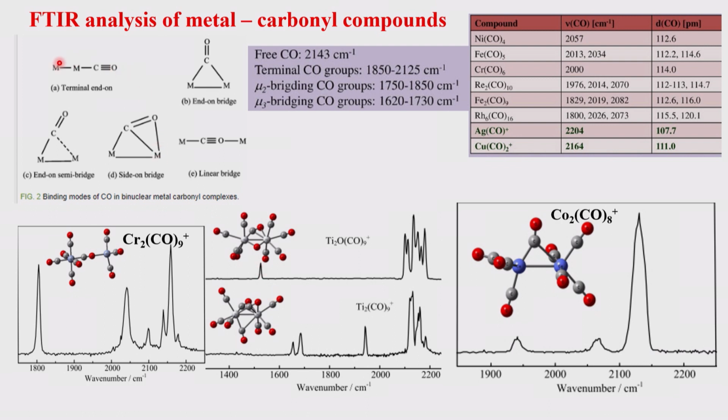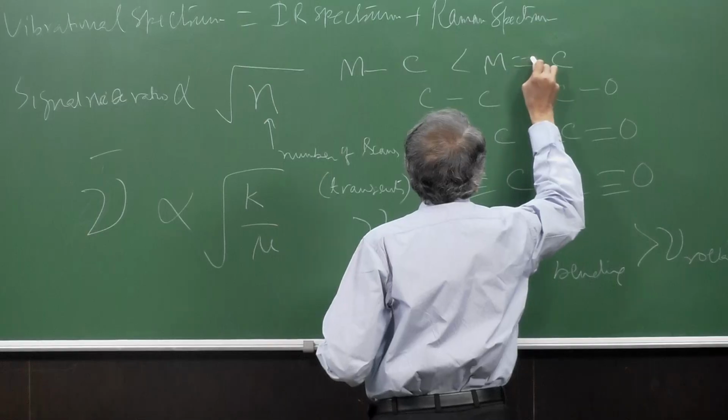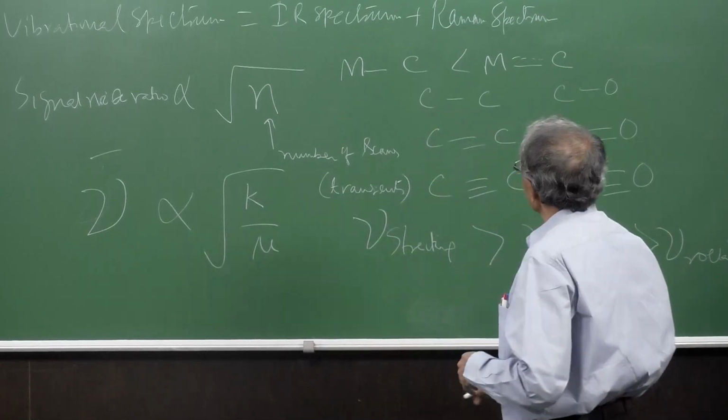If pi electrons are pushed from the metal to the carbonyl, then the CO bond order will reduce, and the MC bond will of course strengthen. So you can see the MC stretching vibration will be greater when the MC bond order is greater.